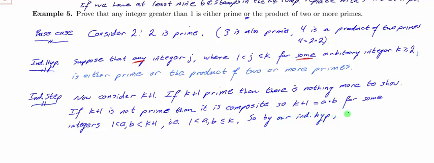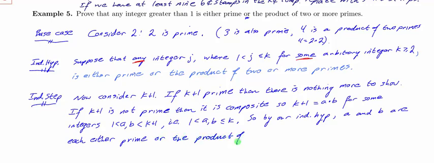a and b are each either prime or the product of two or more primes, and thus k plus 1, even if a and b are both primes, that means that k plus 1 is the product of two primes.